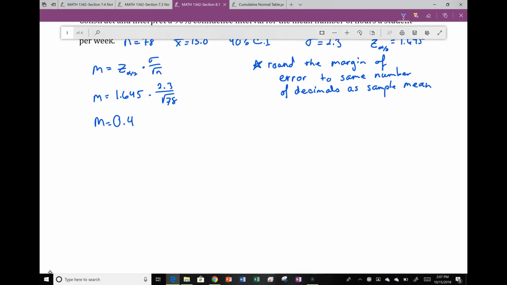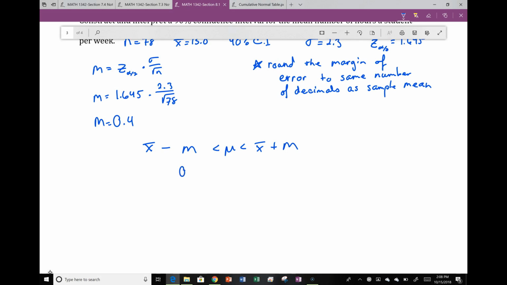And our confidence interval says that we take x bar minus our margin of error, minus this entire thing, and that our population mean is between that and x bar plus our margin of error.